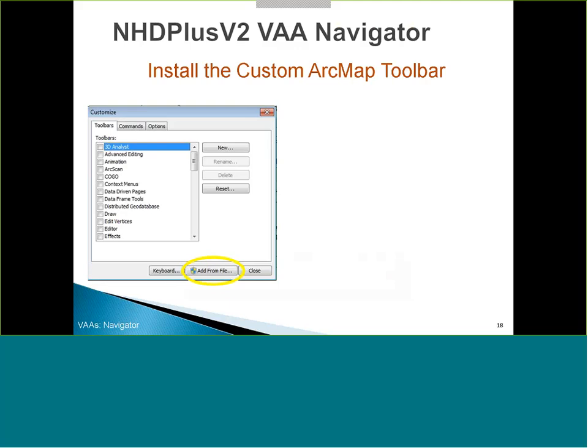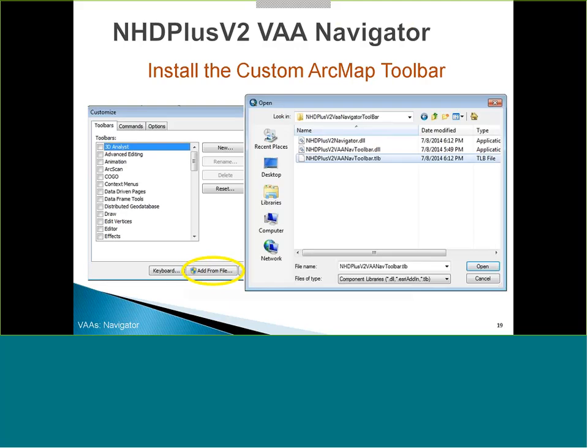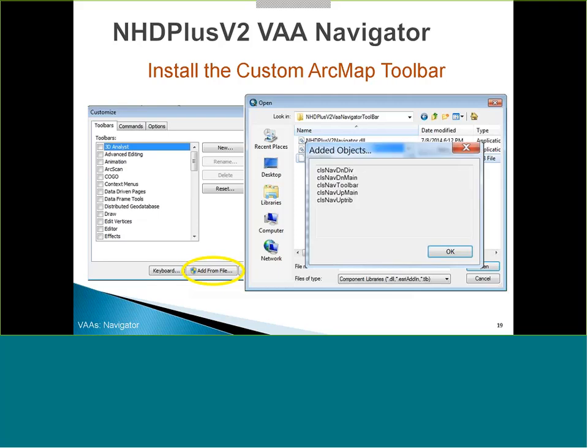If you right-click on an empty place in the ArcMap toolbar and click Customize, you'll come to this dialog. Choose Add from File, navigate to where you installed the toolbar, pick the TLB, and if it works, it will give you a response like this.